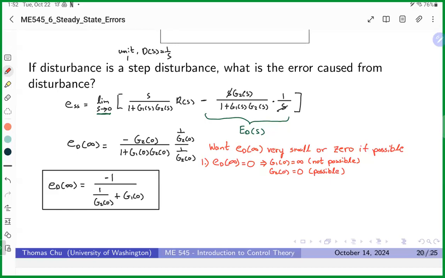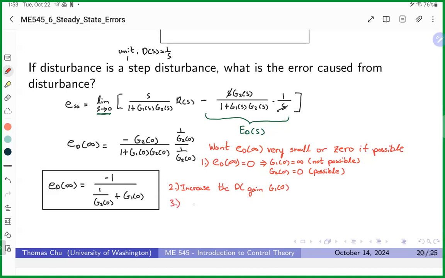The other scenario is we can increase the DC gain of G1 of 0. So we increase the gain of G1, that makes this denominator term bigger. So 1 divided by a bigger term will make the error smaller.